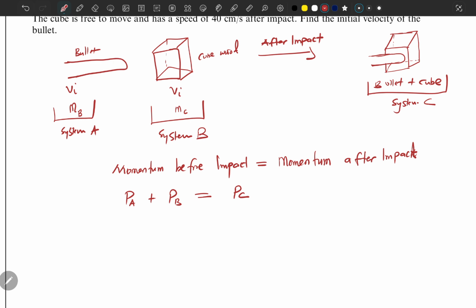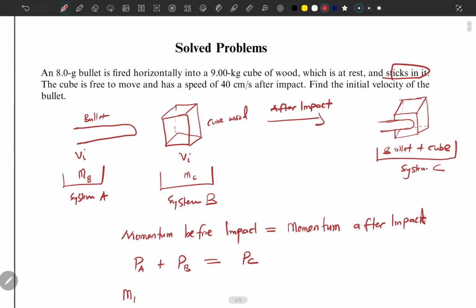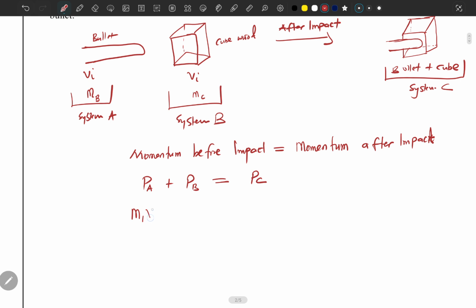So the momentum of the bullet: let's call it mass 1, and remember it is fired horizontally, meaning in the positive x-axis, so we call this velocity 1 in the x.